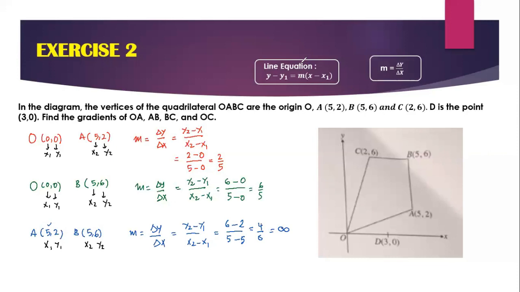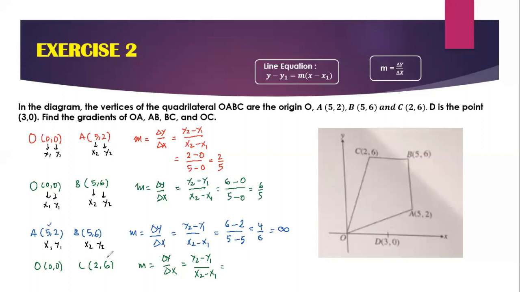OA done, OB done, AB done. The last is OC. Okay, OC. So O is (0, 0), and then C is (2, 6). Okay, so the gradient is delta y over delta x equal y2 minus y1 over x2 minus x1.